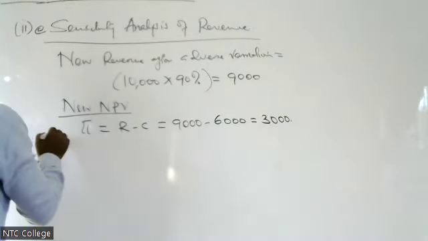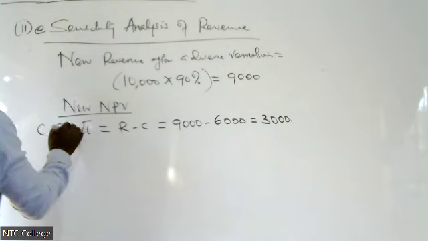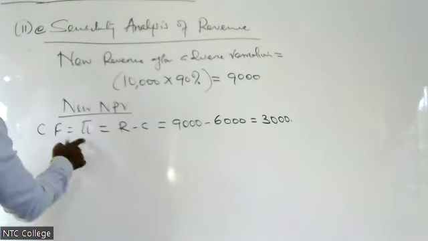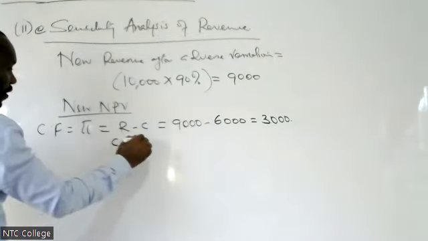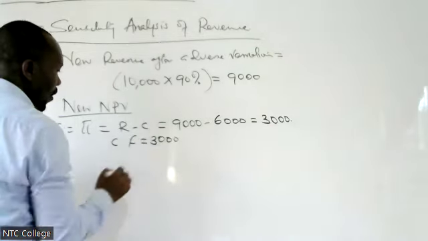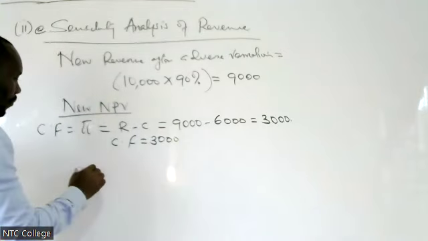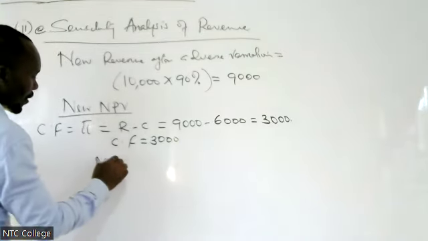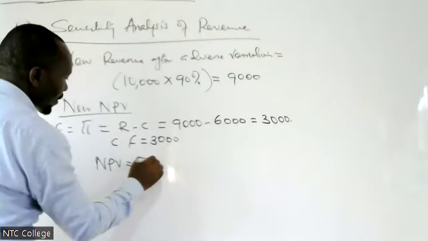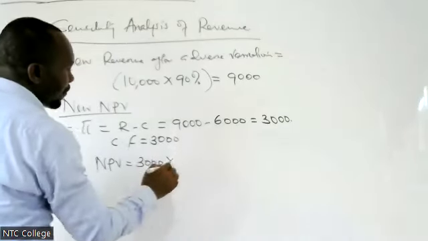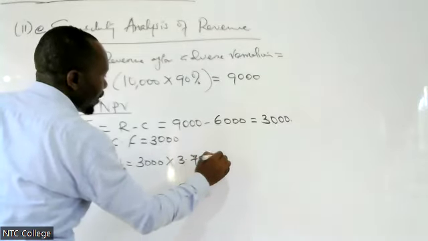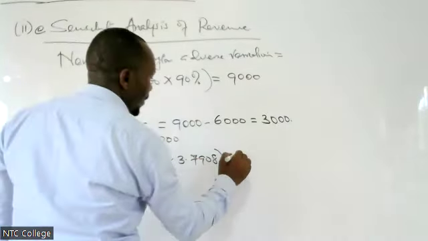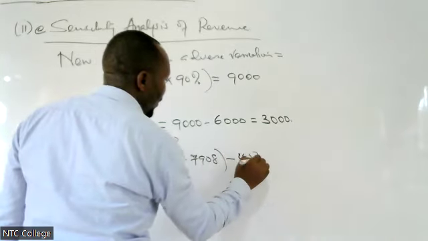And that is the same as the cash flow, right? Cash flow is the same as profit. So our cash flow is 3,000. The new NPV will be 3,000 times the PV factor, which remains the same, 3.7908, minus 45,000.